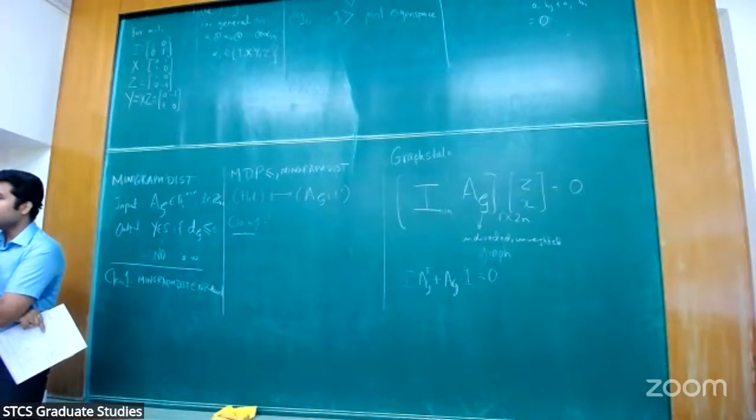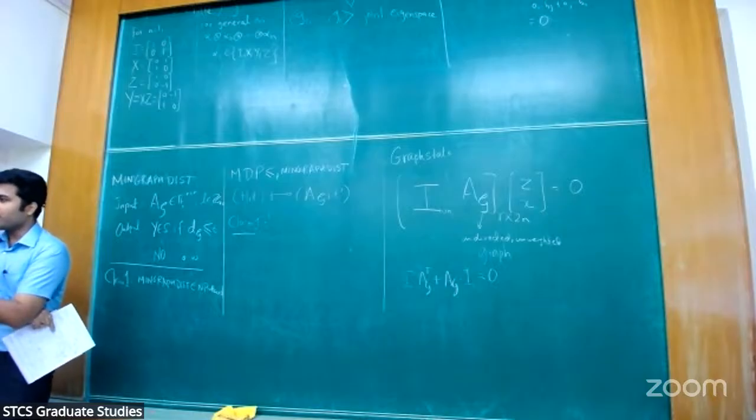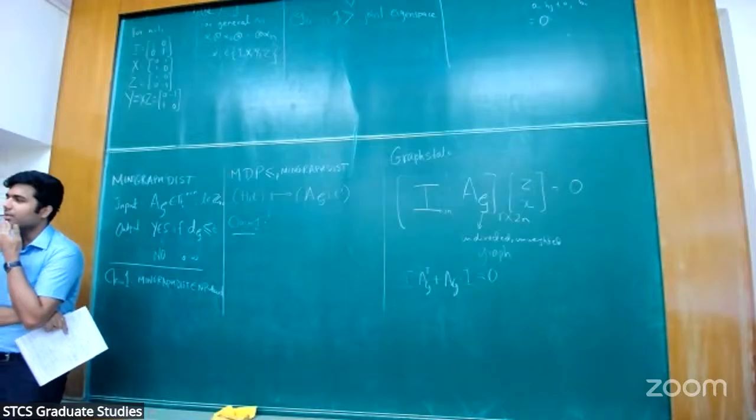But in general, you cannot lift every classical code to a stabilizer code, only a particular subclass. By cannot, I mean there's no well-defined formalism, as far as I know.